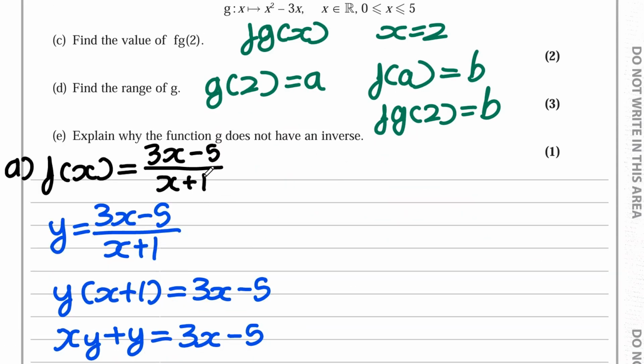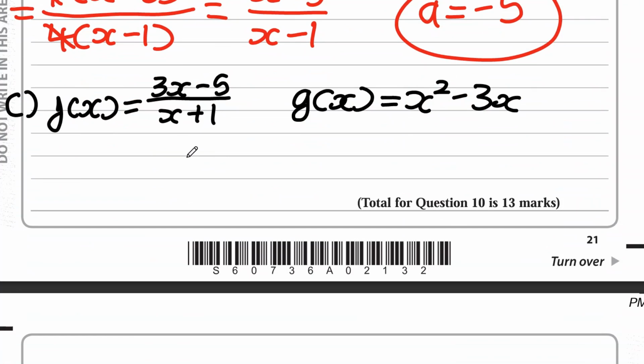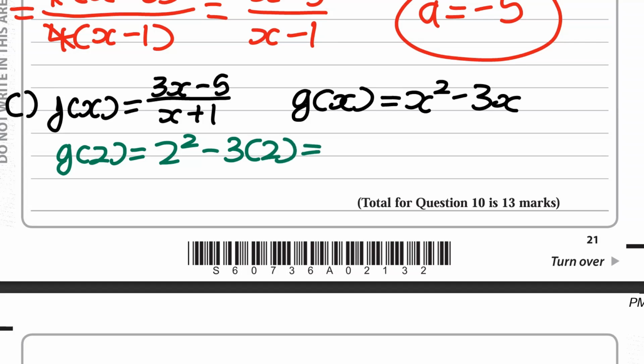Okay, so what we're first going to do then is, as we're trying to find fg of 2, let's first find g of 2. So g of x is this here, so it's going to be x squared, so it's going to be 2 squared, and then minus 3x and minus 3 times 2 like this. And if you put this into your calculator, this is equal to minus 2, so therefore we're going to find f of minus 2.